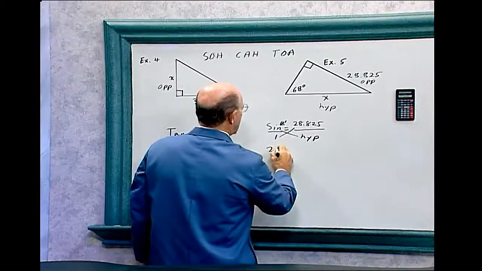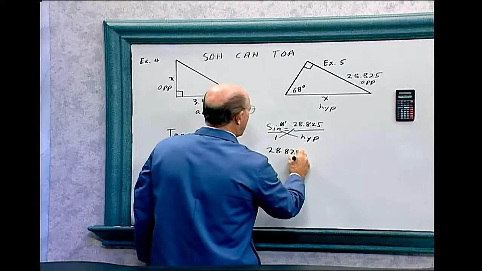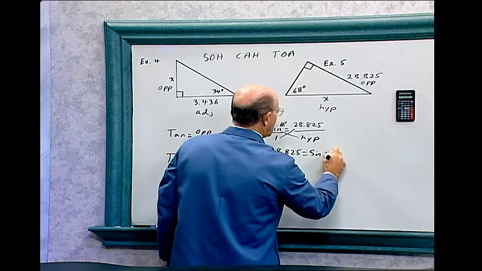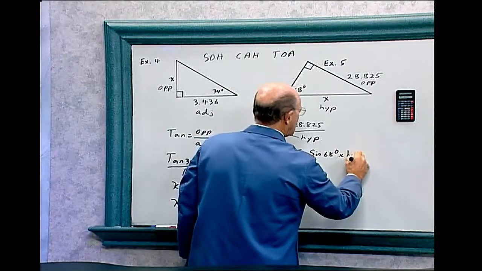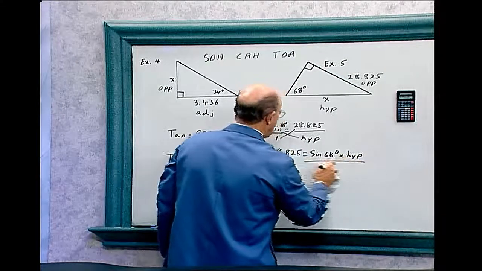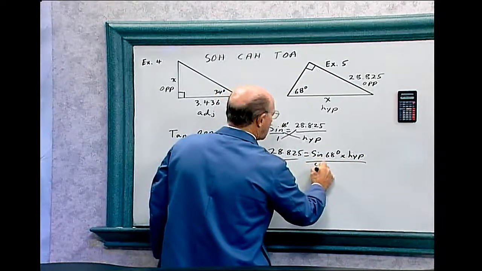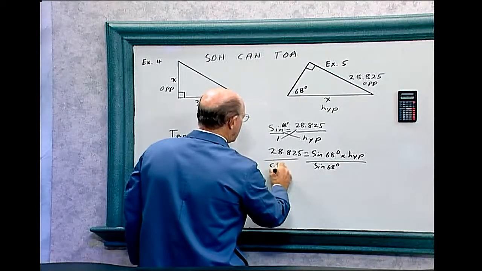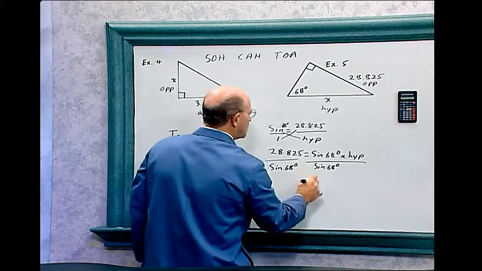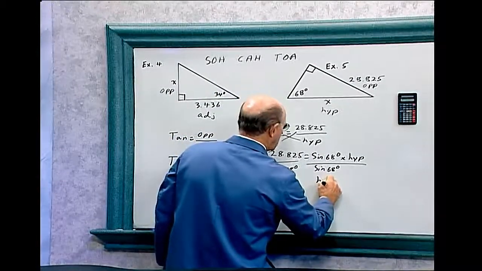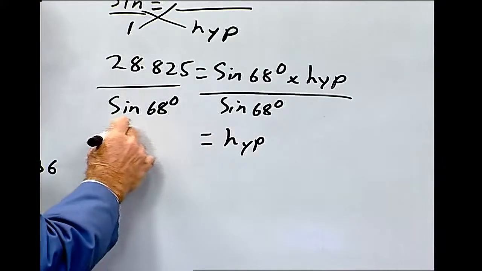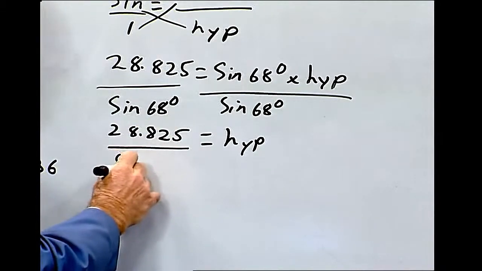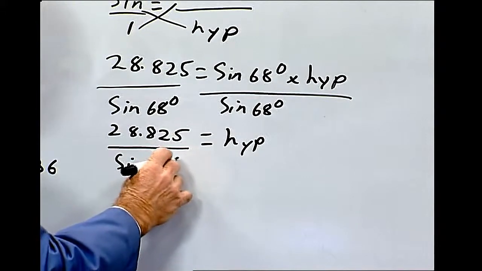So 28.825 equals sine of 68 degrees times hypotenuse. We're going to isolate that, so we divide each side by sine 68 degrees, and so hypotenuse equals 28.825 divided by sine 68 degrees.